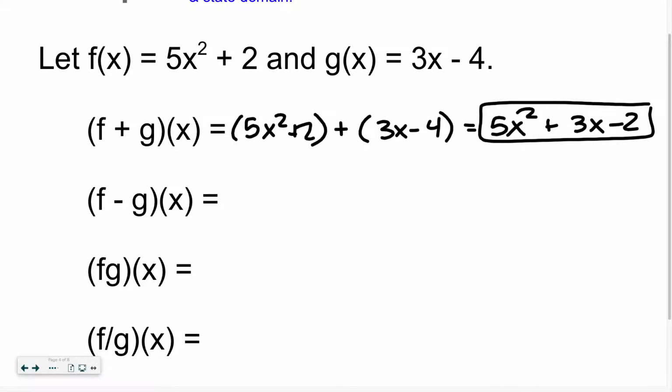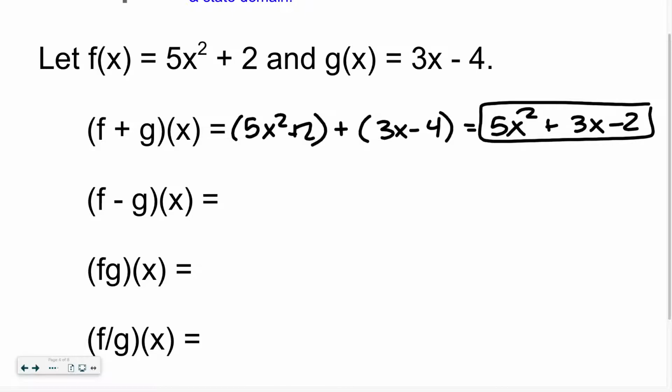Most groups have that one done. I heard this group right over here communicating very nicely and talking about how if you're adding or subtracting, you're just combining like terms, right? Good. I love it. That's the function notation. So instead of saying f of x plus g of x, the pre-calc book is shortening it to say f plus g of x. It's still a function notation.